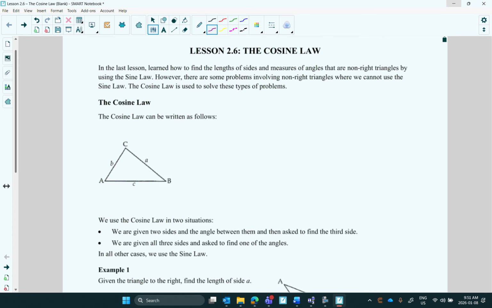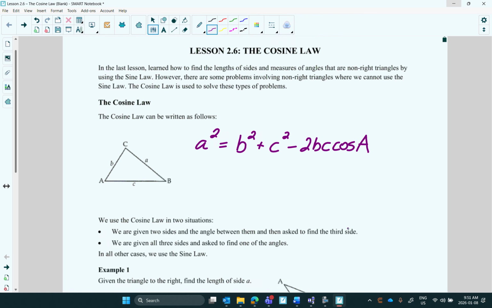So if we're given triangle capital ABC, along with its sides, little a, little b, little c, one of the sides squared will equal the two other sides squared added together minus 2 times those other two sides by each other times the cos of the angle opposite the side we're trying to find.